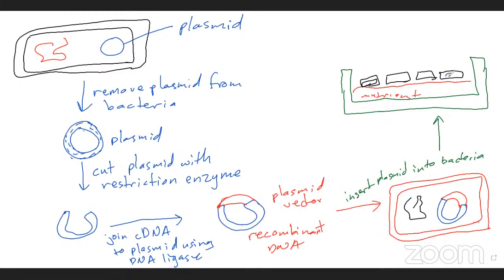Let me just put blue, blue, blue, and red. And bacteria multiply quickly. So within 24 to 48 hours, you can have a lot of bacteria, and all of them will have the plasmid with the insulin.